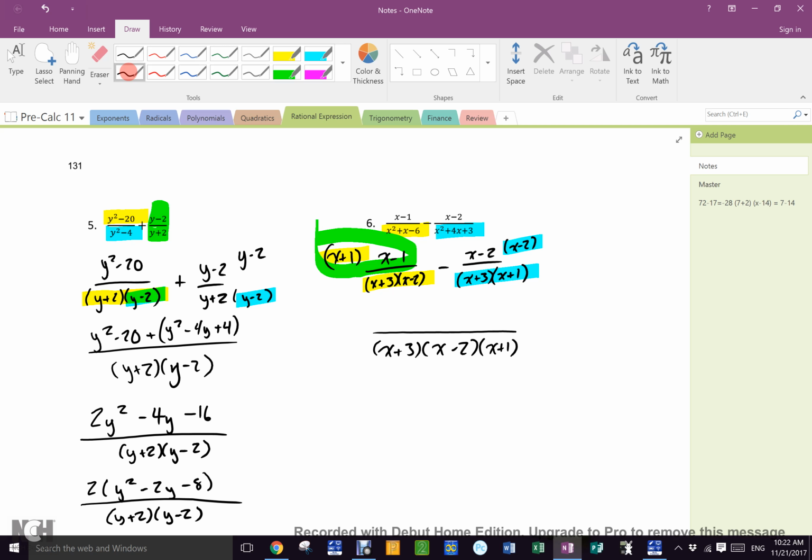What should I do? I'm going to expand it. X plus 1, x minus 1 gets me x squared minus 1, yes? Right? Okay. Actually, hold up. Let's make this even easier on us.